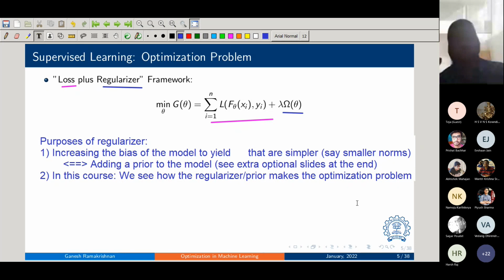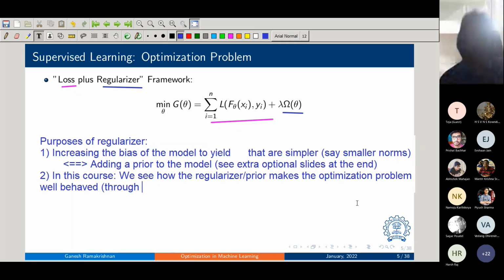Strong convexity is like saying, I have a convex function and there is a guaranteed gap that this convex function has from, say, a quadratic.